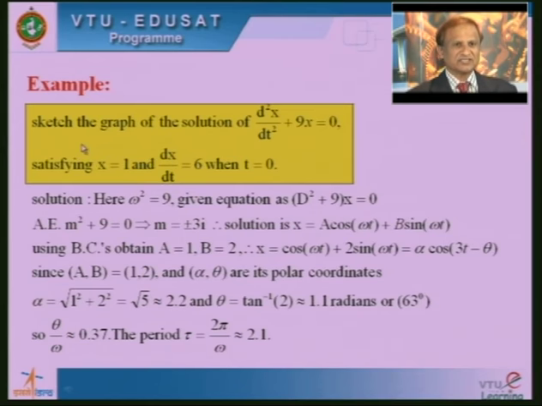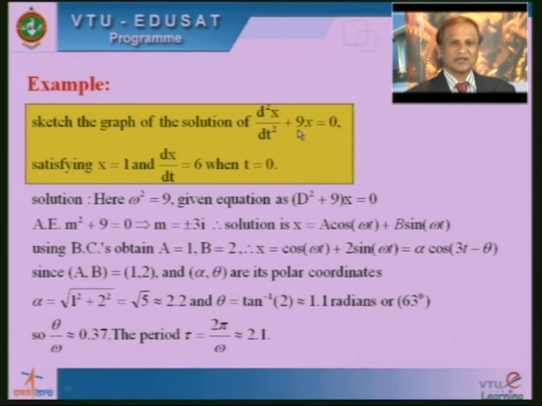So, I am planning to consider one more similar type of equation. They may ask, instead of asking to solve an equation, sometimes they may ask to sketch the graph of the solution of d square x upon dt square plus 9x is equal to 0. Now, whatever I solved in the last session is a general example.